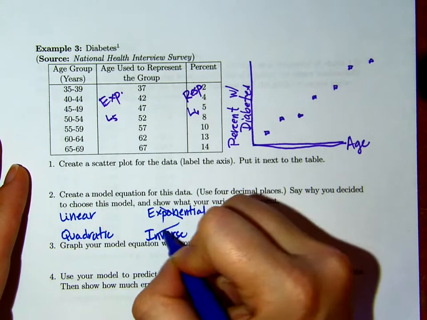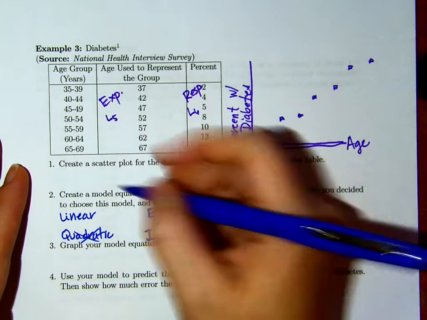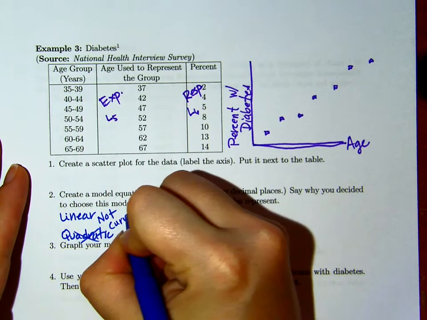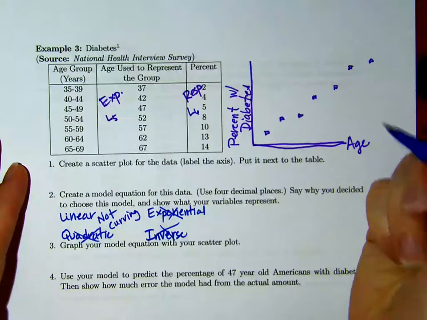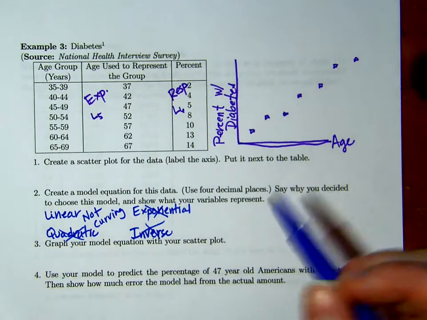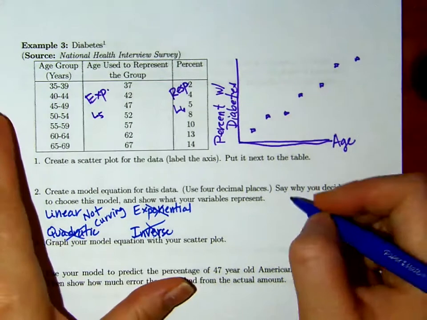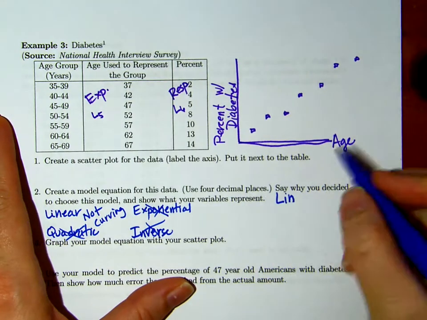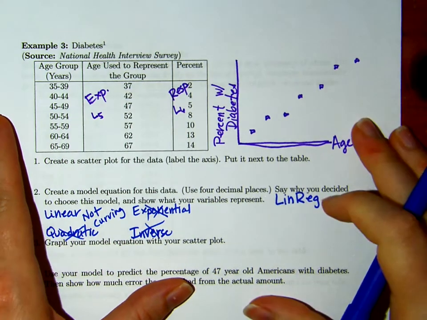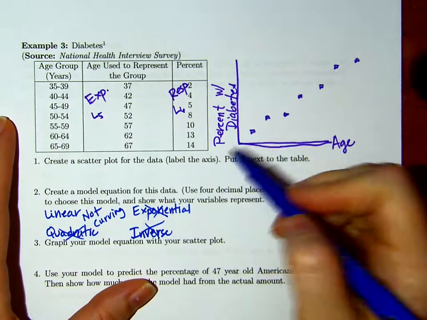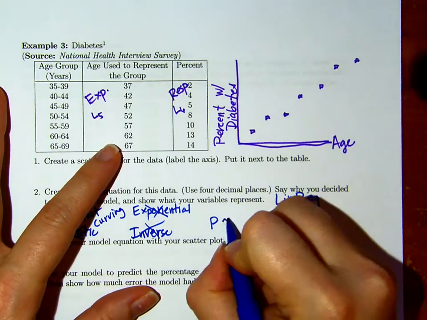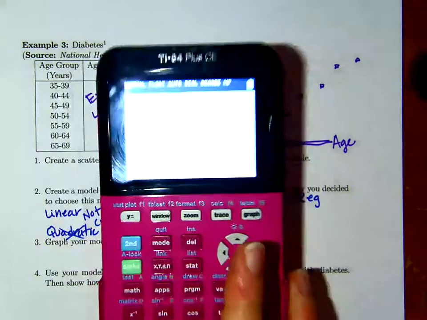Immediately I said no to all of these three because it's not really curving. So that's why we picked this model. That means we are using LinReg, linear regression. So the percent with diabetes is going to be approximately, and here we go.